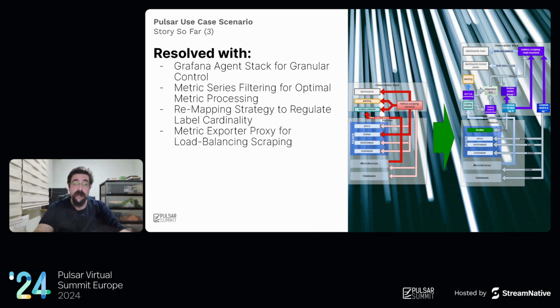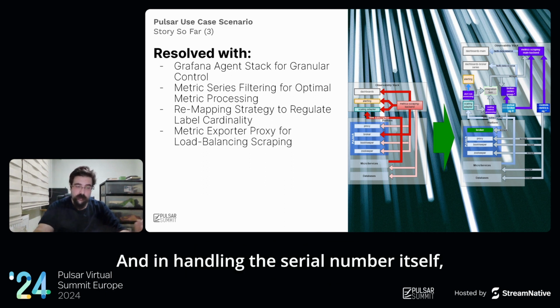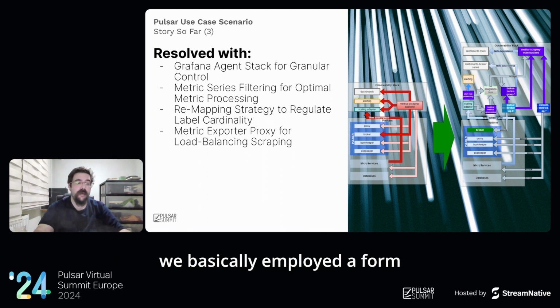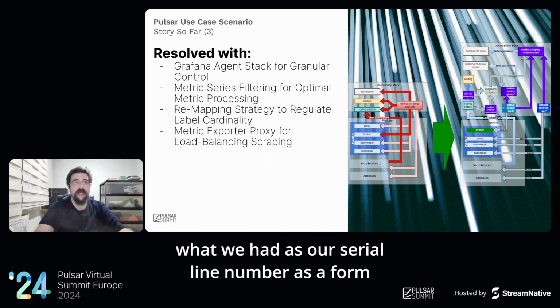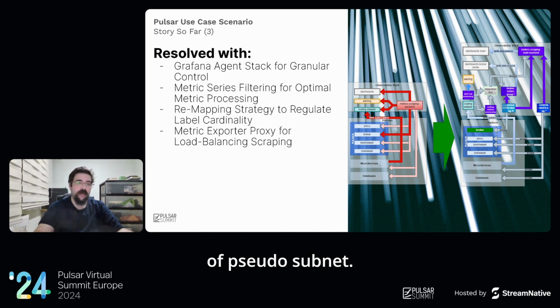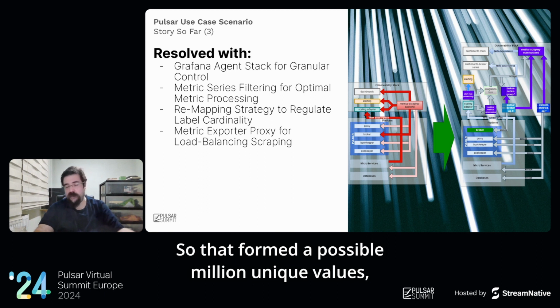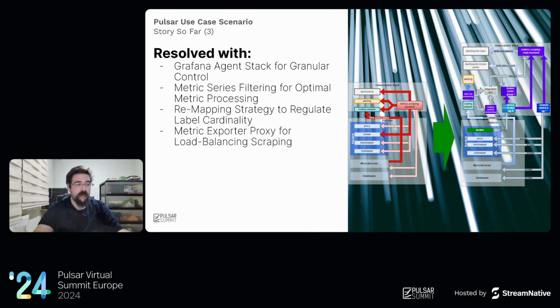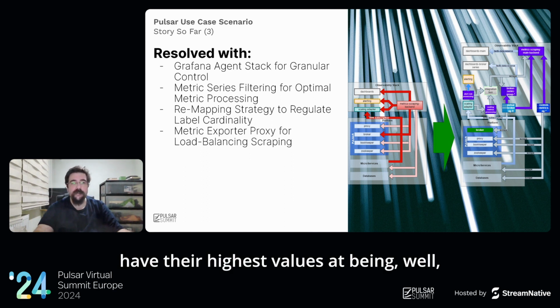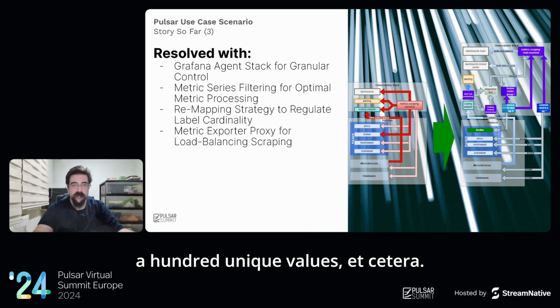In handling the serial number itself, we employed a form of relabeling in which we reduced cardinality by treating our serial number as a form of pseudo subnet, so that from a possible million unique values, we'd reduce it to distinct labels that would have their highest values at 100 unique values, etc.